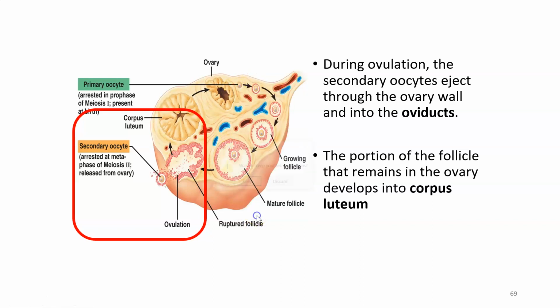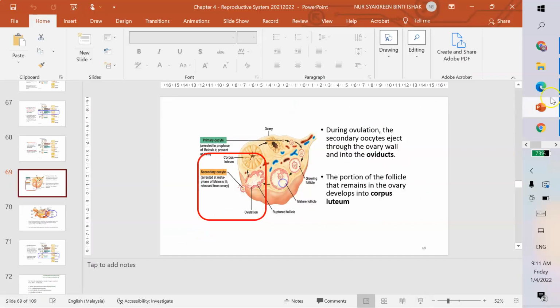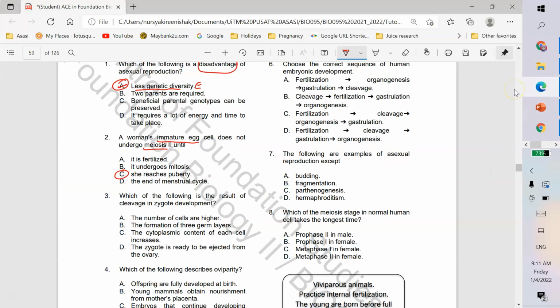At puberty, it releases a secondary oocyte, which stops at metaphase 2. So boleh note lah kat situ kan. If it is fertilized, dia akan complete meiosis 2, contohnya. Okay, undergo mitosis daripada embryo lagi.